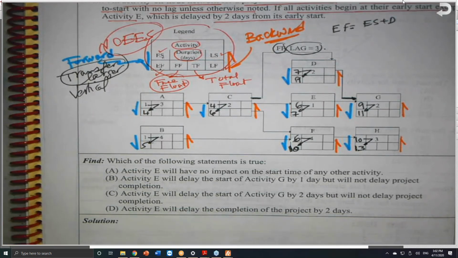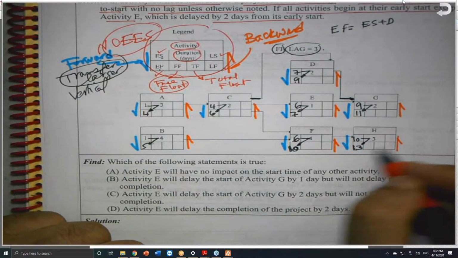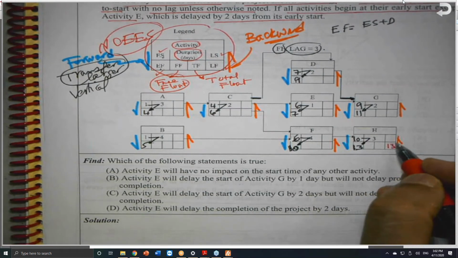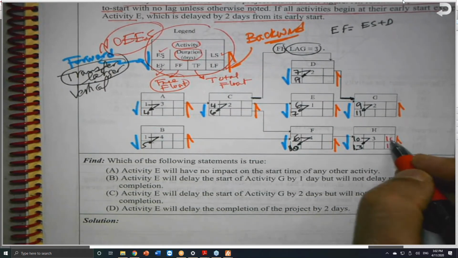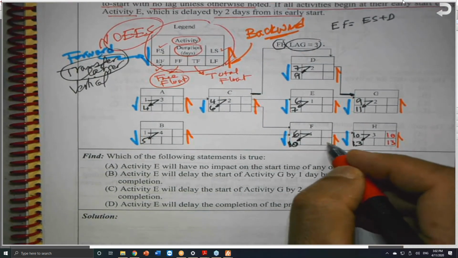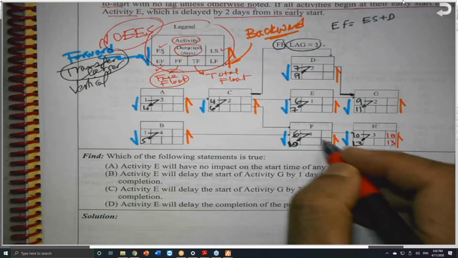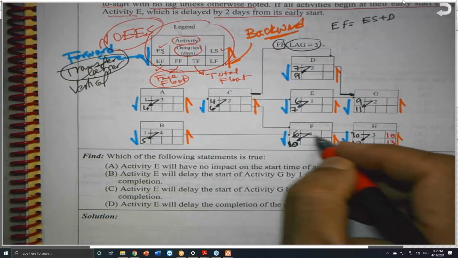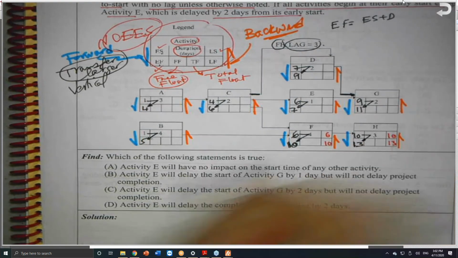The backward path, let me use a different color. 13 is still the same here. 13 minus 3 gives me 10. I will take this 10 and put it here. 10 minus 4 is 6.